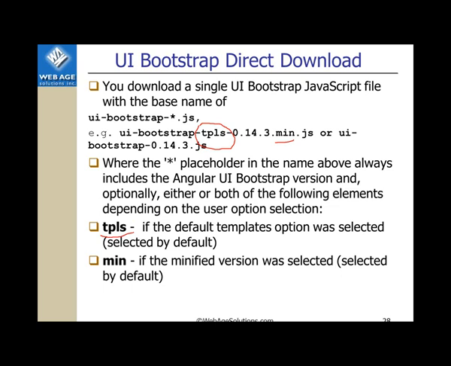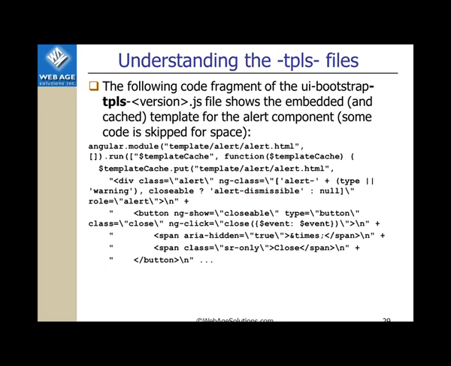You can also not use it, and you can download those templates as a set of HTML files, which you would unpack, unzip in your folder. You can use them out of the box, or you can customize them. So there are two ways. TPLS stands for templates.